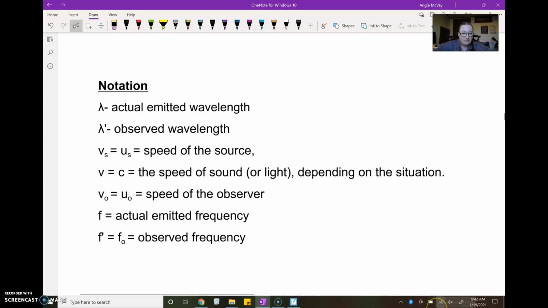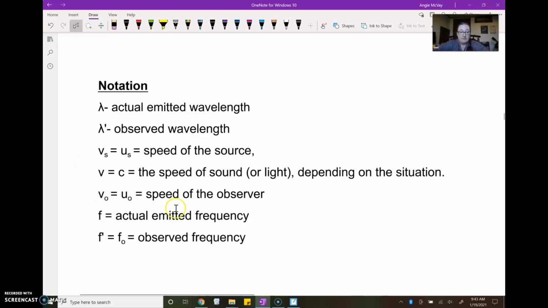Okay, and then the speed of sound or of light, depending on the situation, is v, just plain old v, or c, you'll see sometimes. The speed of the observer, sometimes the observer might be moving instead, and the Doppler effect is a result of the motion of the observer. It's v sub o or u sub o. Okay, and then f is the actual emitted frequency. f prime or f sub o is the observed frequency.